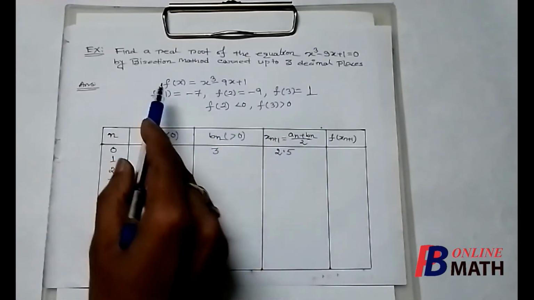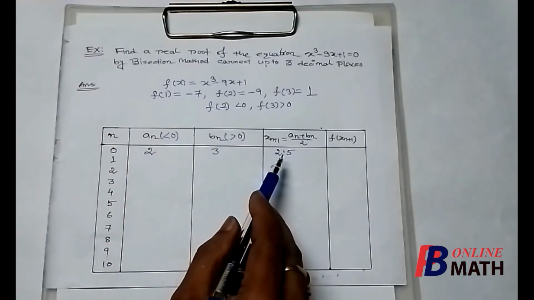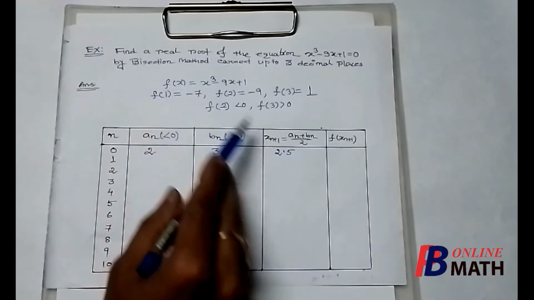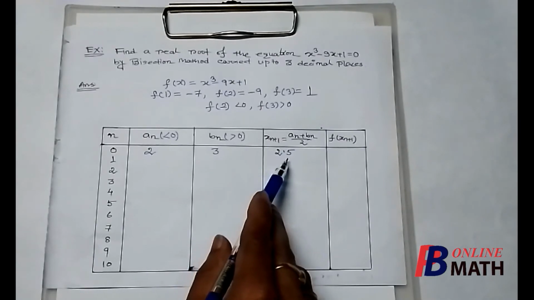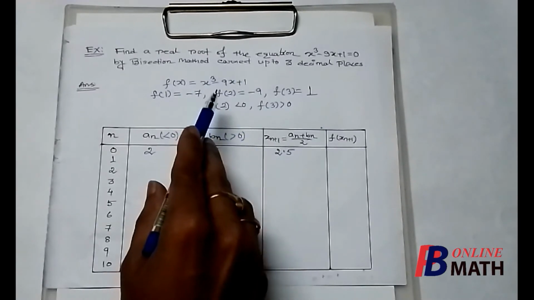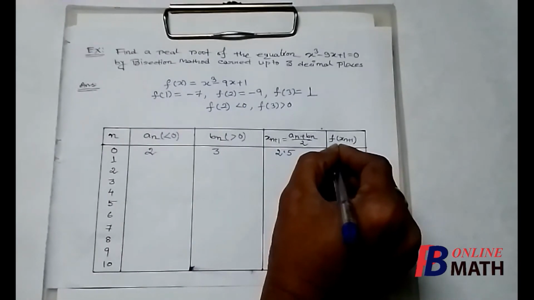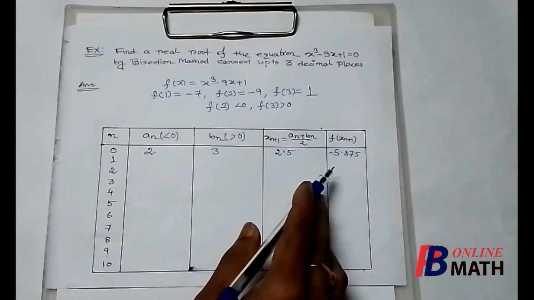Now this is the function f(x) equal to x cube minus 9x plus 1. Now we shall find the functional value of this function at the point 2.5. If we put x equal to 2.5, then using the calculator we can easily find that this value will be minus 5.875, which is negative.